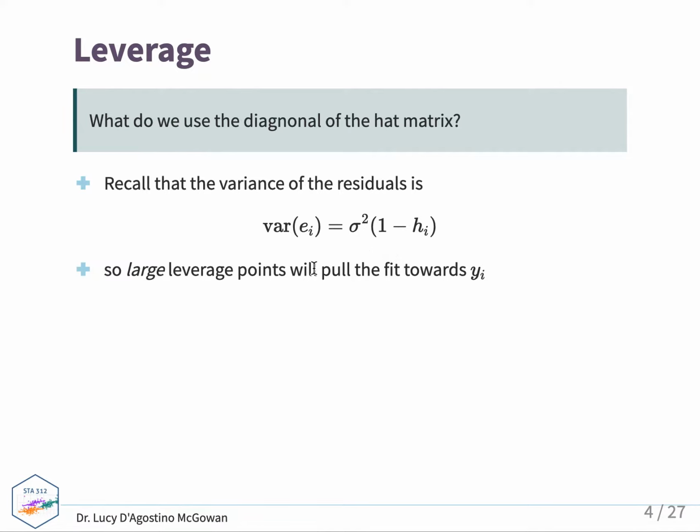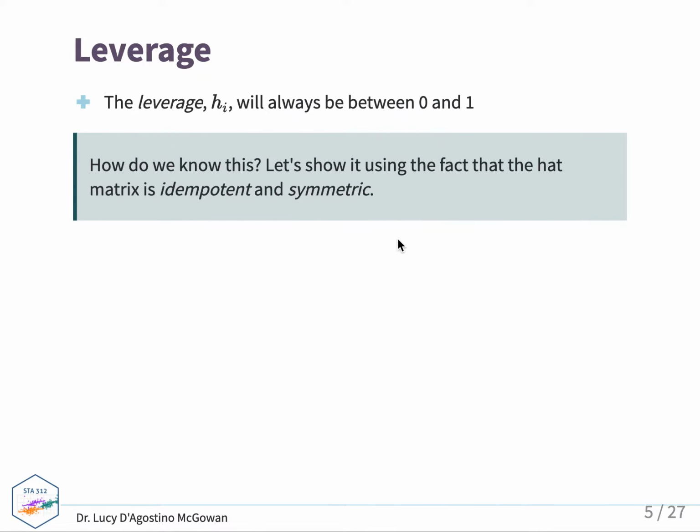If you have large leverage points, if this h_i is big as it gets closer to 1, it's going to pull that fit towards y_i. Because as h_i gets bigger, that makes this variance get smaller, because 1 minus something that's big is closer and closer to 0, and so this variance is going to get smaller and smaller.